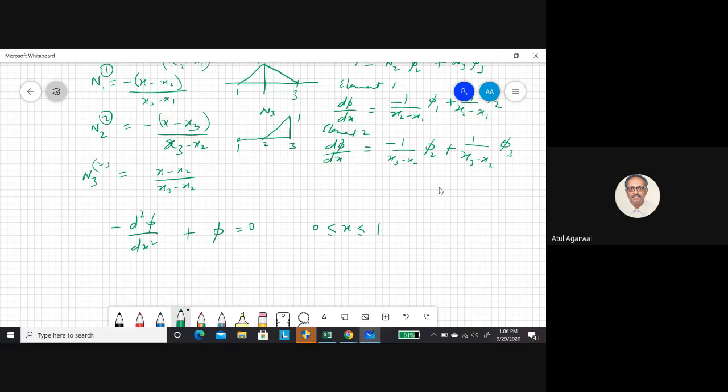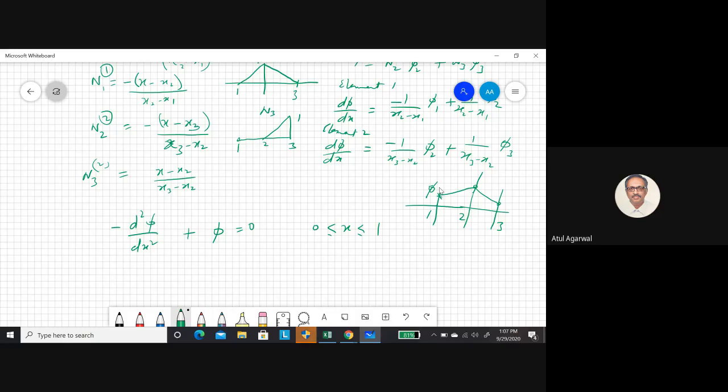Because suppose you have a function. Suppose this is your value of phi at node 1, value of phi at node 2, value of phi at node 3.